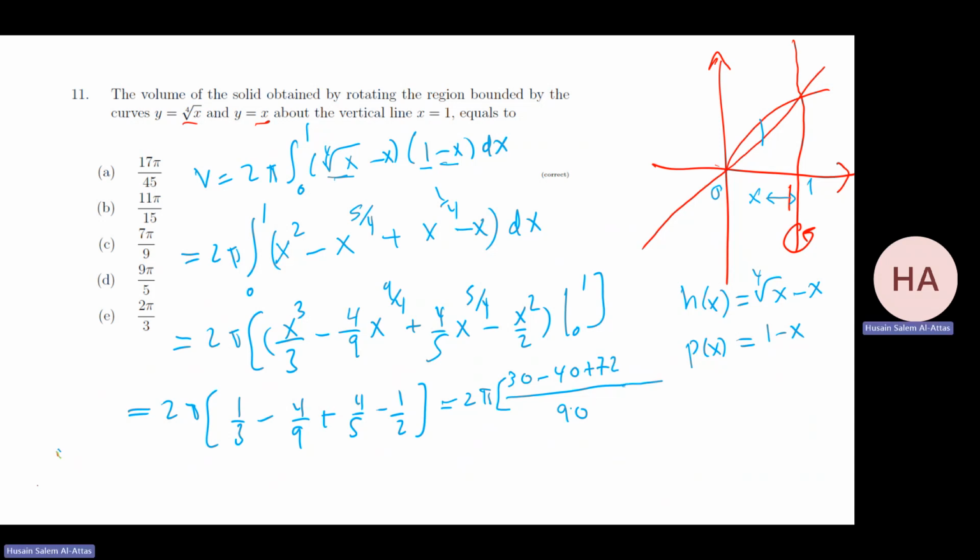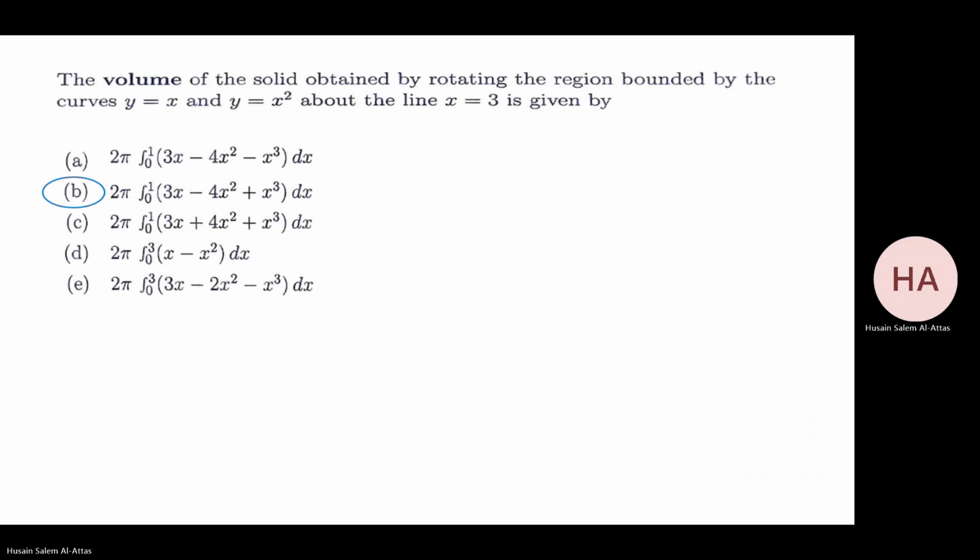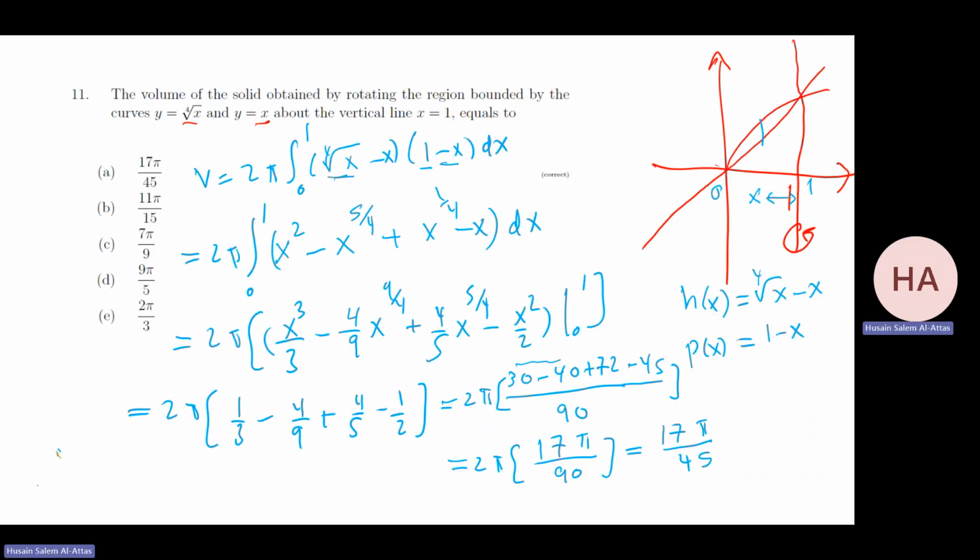And 90 over 2 is 45. Okay, that gives me 2 pi of 30 minus 40 plus 72 minus 45. That will be 17 pi over 90. So that gives me 17 pi over 45. Okay, that will be my answer.